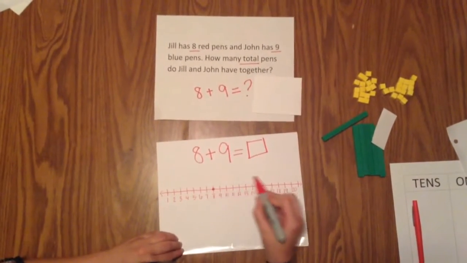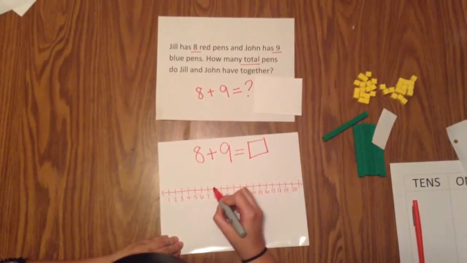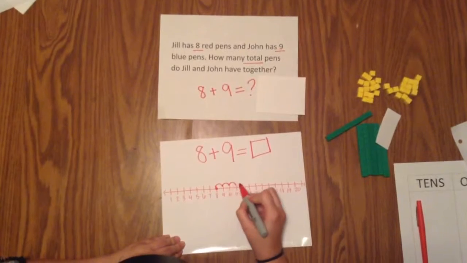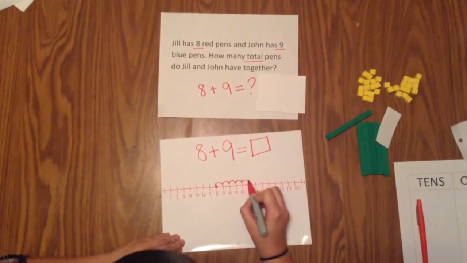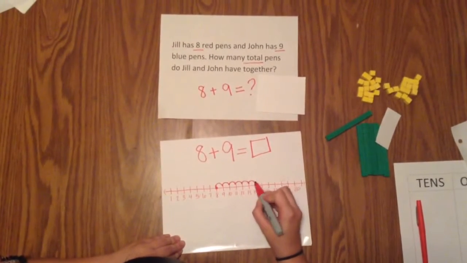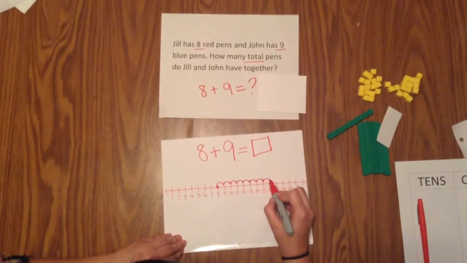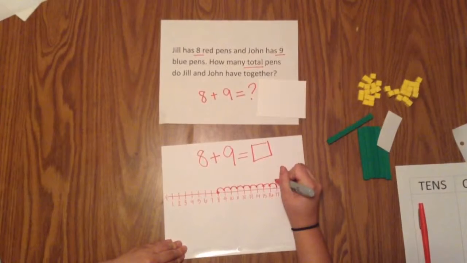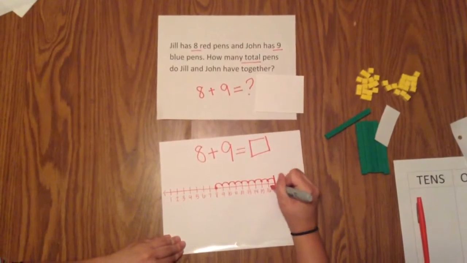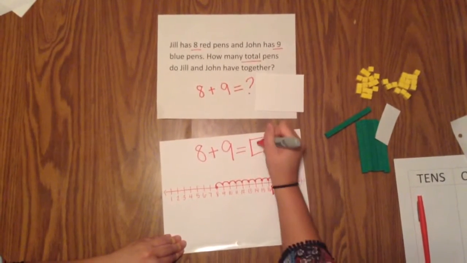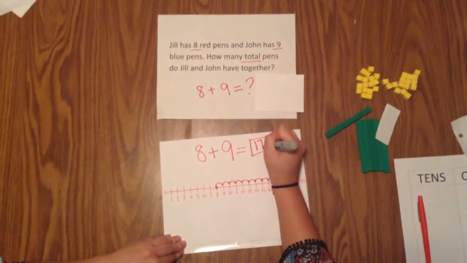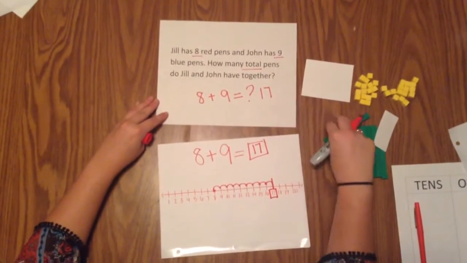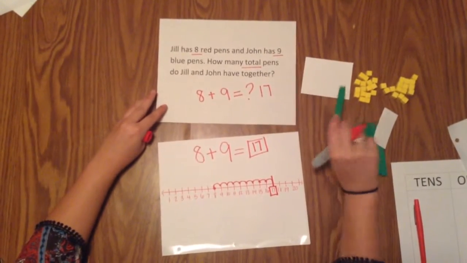So let's jump 9 notches over. 1, 2, 3, 4, 5, 6, 7, 8, 9. And so we ended right here at the 17. So we know that 17 is our answer. And that is the same answer we got the first time with the base 10 blocks.